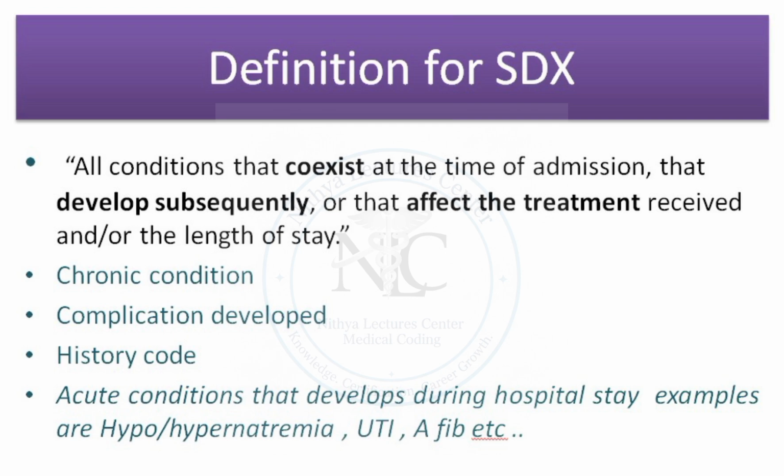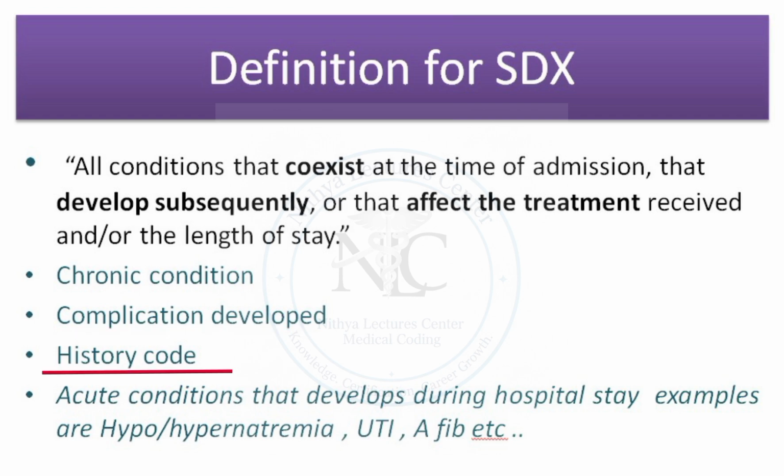Chronic conditions are the conditions that coexist at the time of admission, like diabetes mellitus, hypertension, and chronic kidney failure. These are chronic conditions we have to report as an SDX. Then complications that develop during the hospital stay, we also need to report.